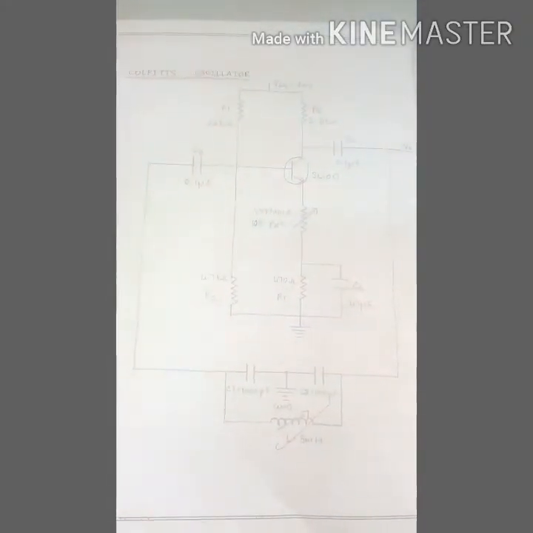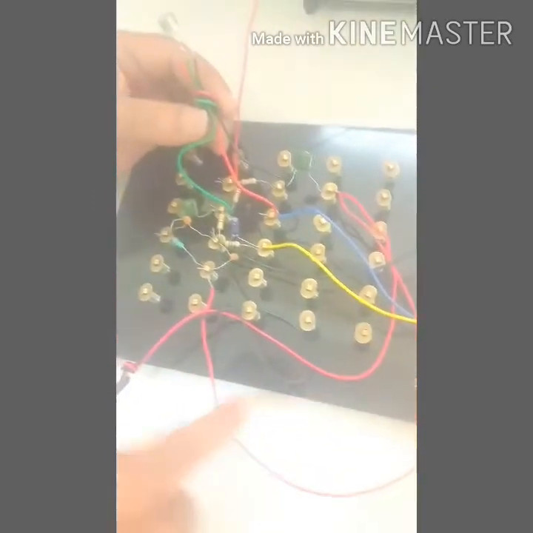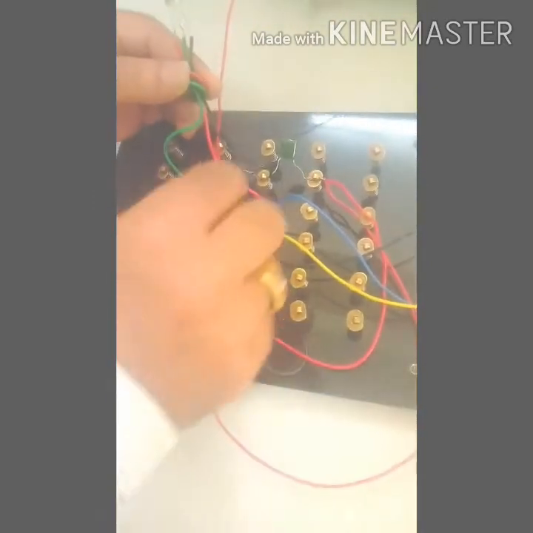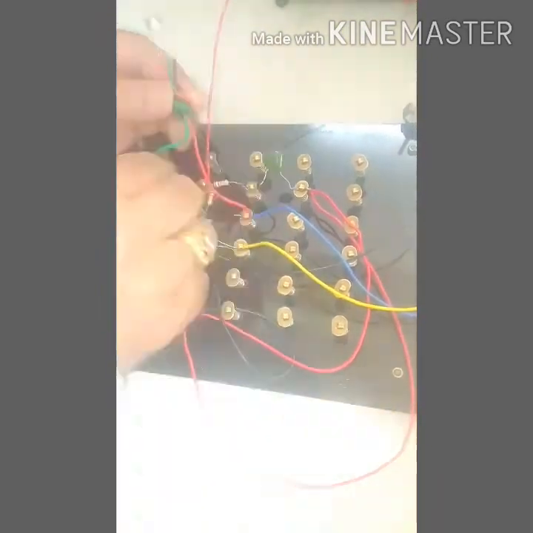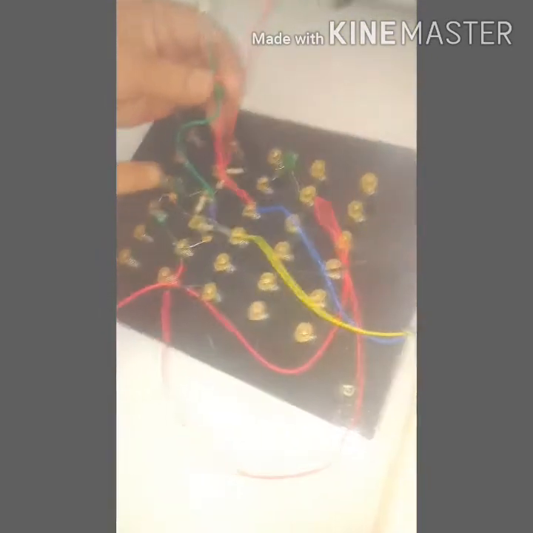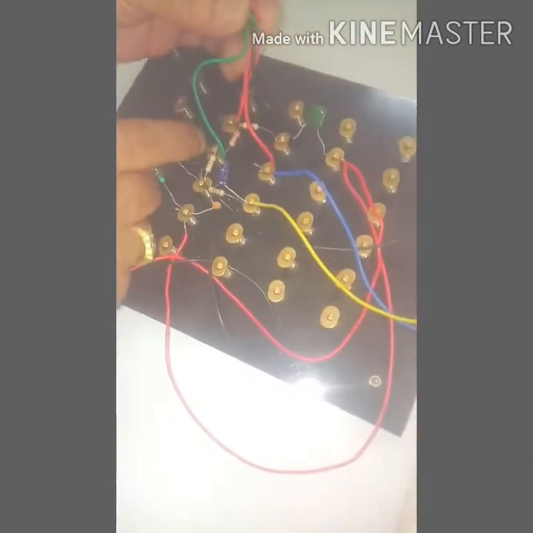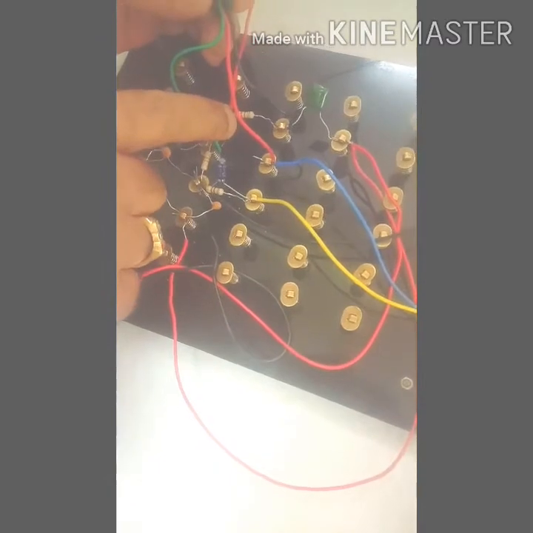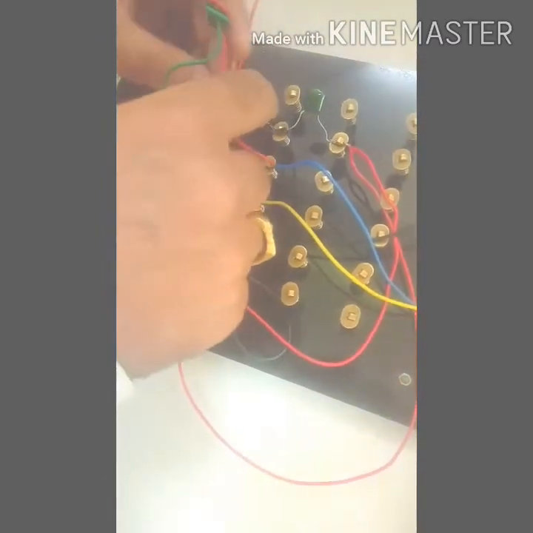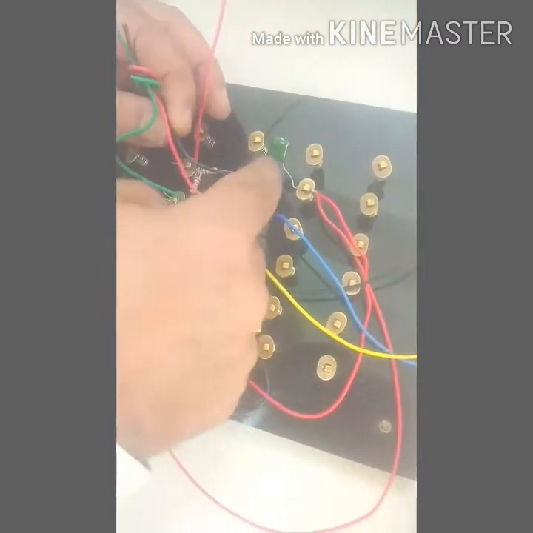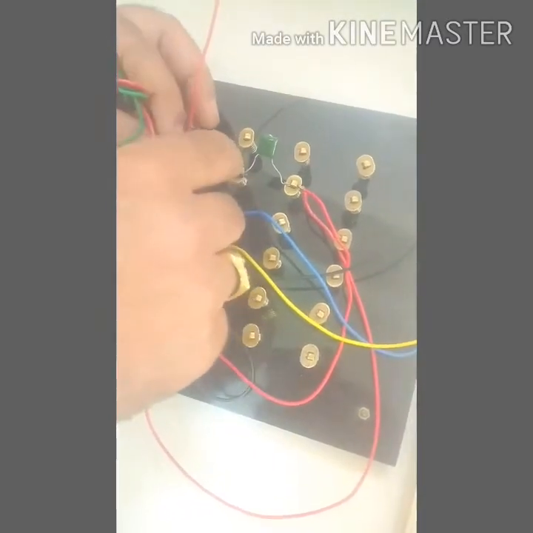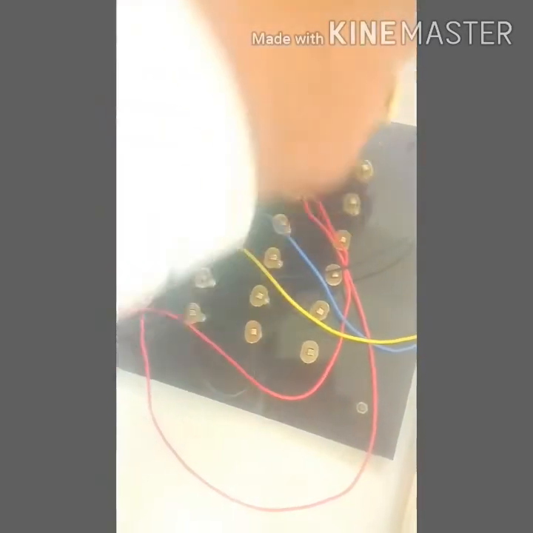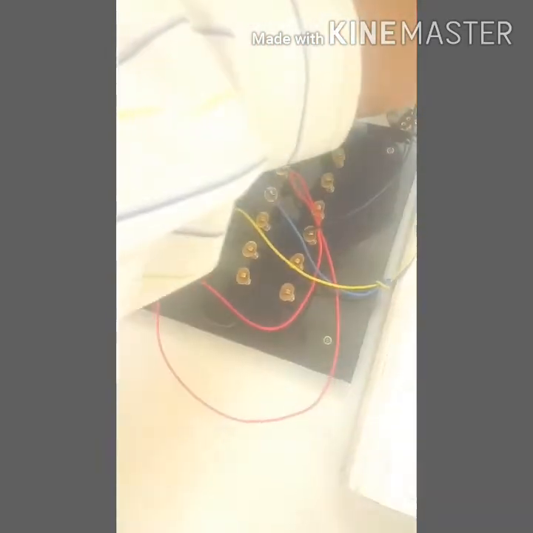This is the rig-up circuit of the oscillator circuit. Here you have a transistor, with emitter, base and collector. This is the base capacitor which you have connected, and here R1 and R2 are the voltage divider circuit. Across the collector you have RC, the resistor which we have connected, and VCC is connected to the collector of the transistor.